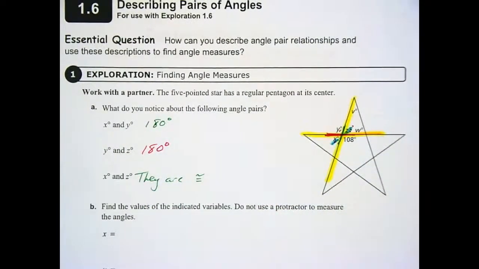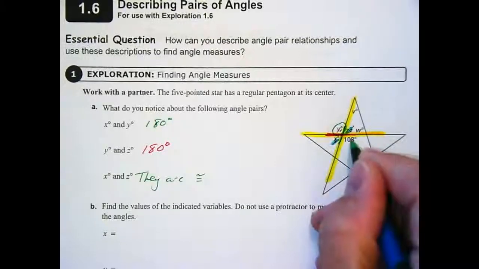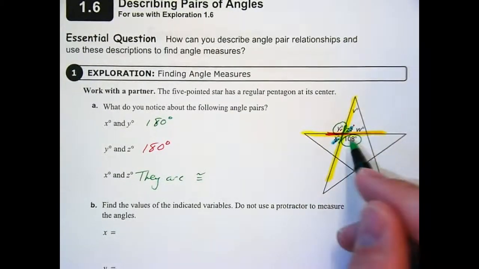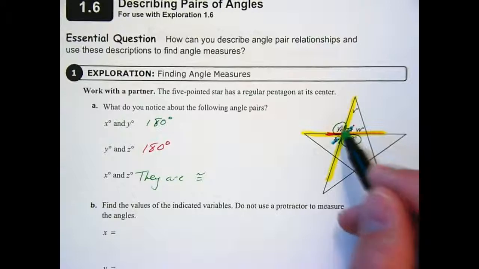Okay, volunteer. Another set of vertical angles. Isaac. Yeah, Y and 108. Okay, that means Y equals 108.